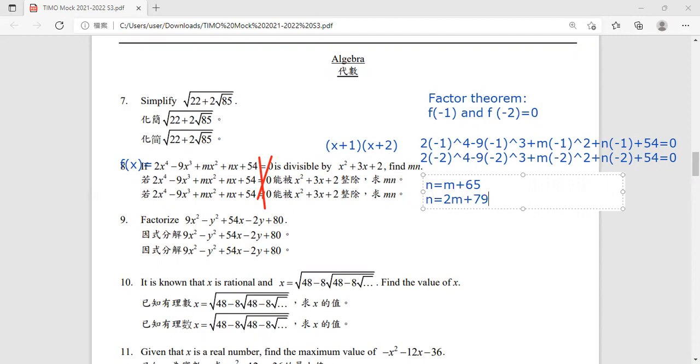We just simplify. So you just equate both sides. So n is equal to -14, and then m is equal to 51. So mn will be equal to -740, just that.